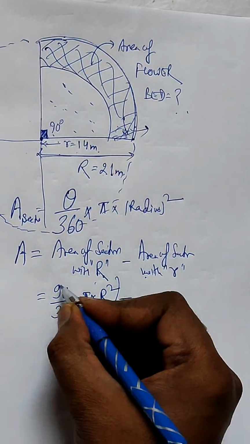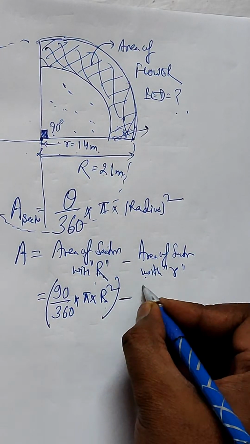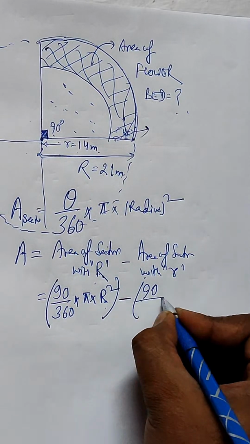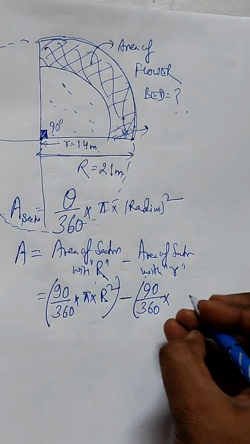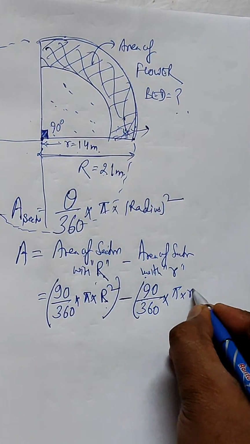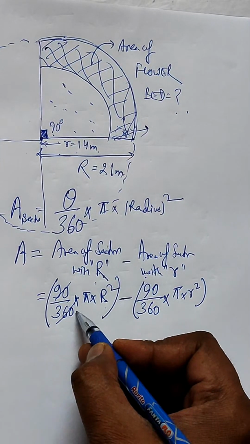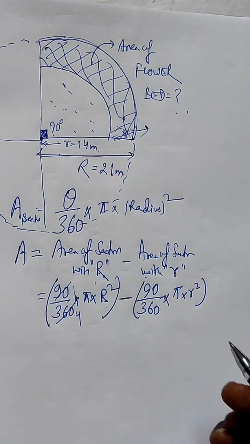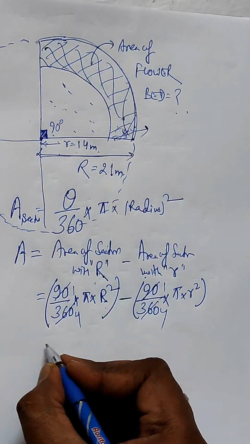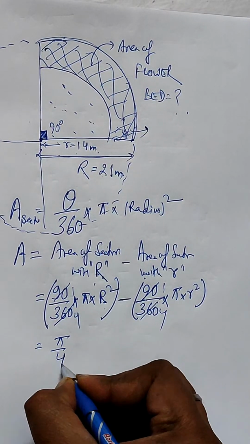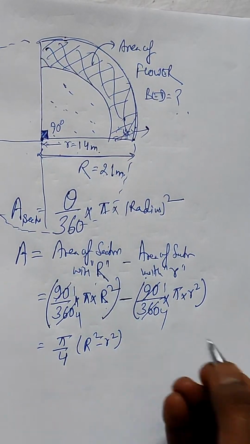Minus the area of the smaller sector, which is again theta by 360 into pi into small r squared. Now you can see 90 by 360 can be written as 1 by 4. Similarly here 1 by 4, and pi taken common. So we can write it as pi by 4 into R squared minus small r squared, right?